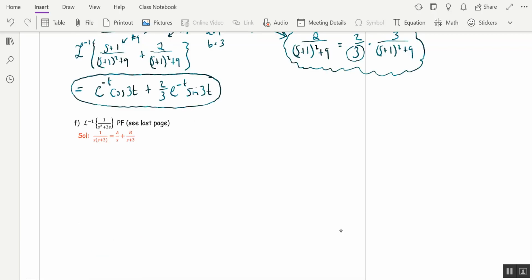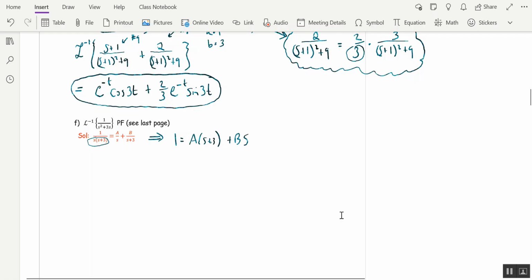I've left the L inverse off, and first I'm just going to do the partial fractions on this expression. And notice the reason I'm doing this is because the way it stands, this doesn't seem to match up to anything in my table. All right, so the first thing you do when you do partial fractions, you make your decomposition, and then you clear fractions. So multiply both sides by the denominator over here, and that gives us 1 equals a times (s plus 3) plus bs.